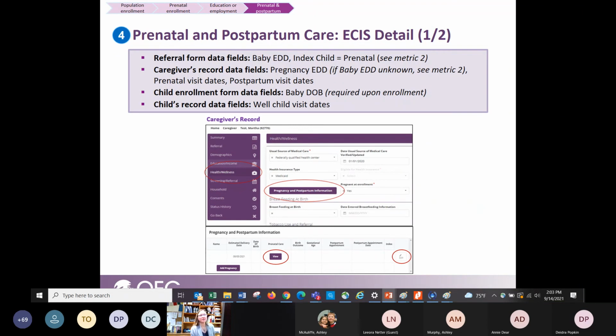And then I see the question, are you talking about newly enrolled families with more than one child, or a second child in an already enrolled family? I was thinking of the scenario of the second child in an already enrolled family. Okay, newly enrolled families with more than one child.